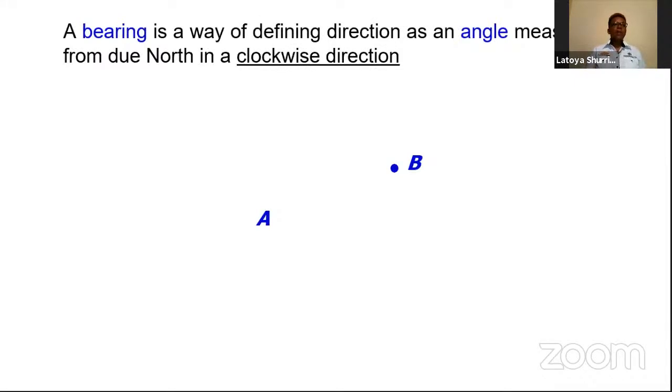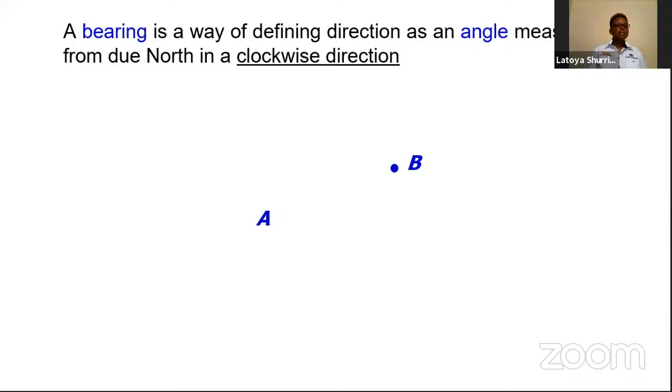So a bearing is a way of defining direction as an angle measured from due north in a clockwise direction. So there are some keywords there. North, clockwise direction. We always start at a north point and we always measure in a clockwise direction.